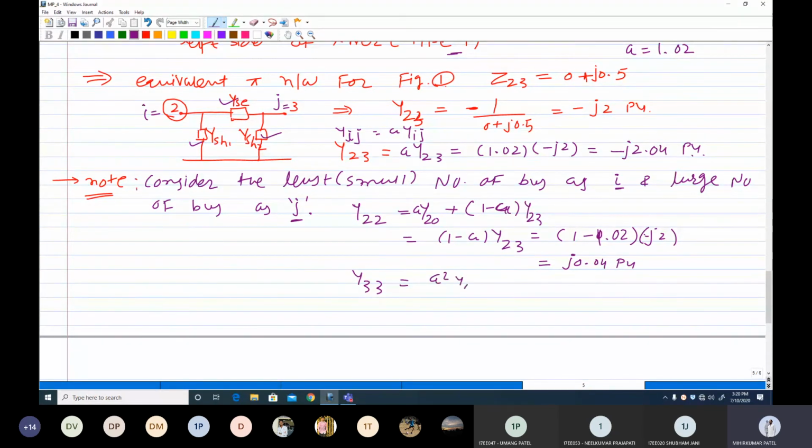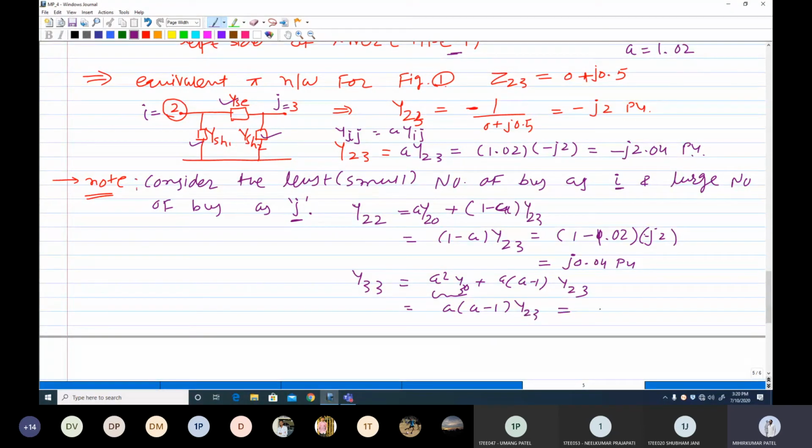Then Y33 is A squared into Y30 plus A into (A minus 1) into Y23. Clear? The shunt admittance is 0, so we will have the equation like this.